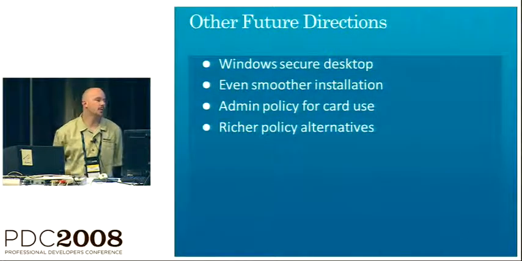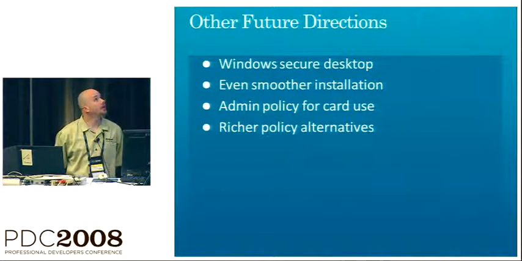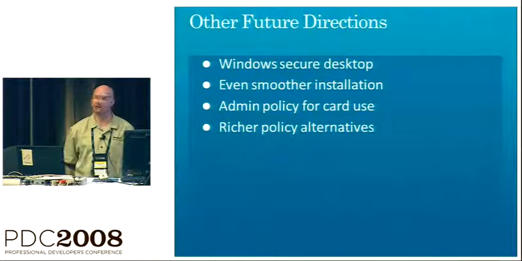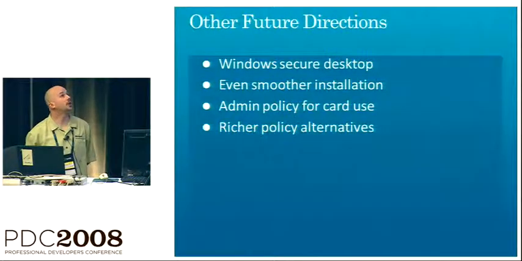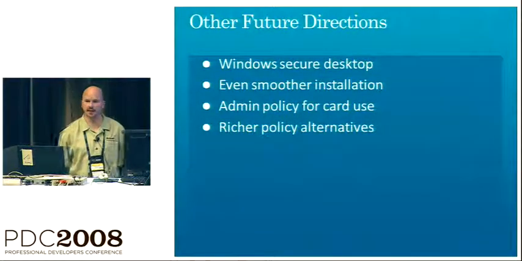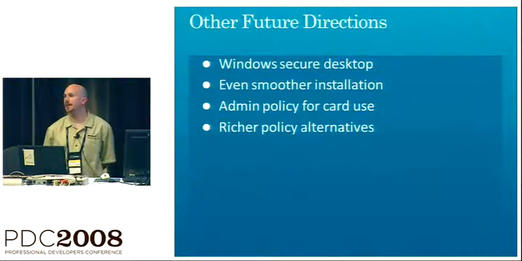Other places we're going, we want to focus even more on making sure that install is quick, smooth, and gets out of the way. In V1, we were a part of .NET, and there was no way to get us outside of .NET. You had to download the entire .NET framework in order to get us onto a machine. In CardSpace Geneva, we're striving to be a separate download.